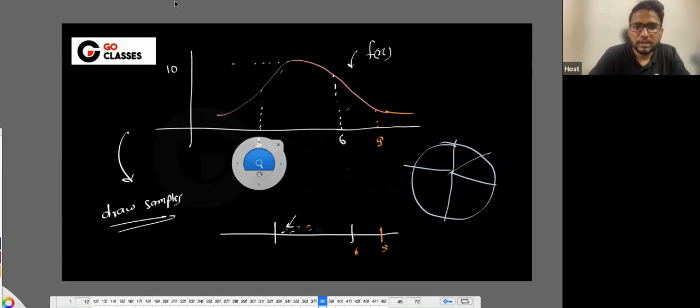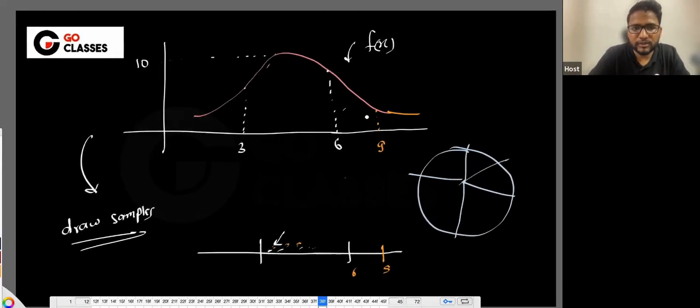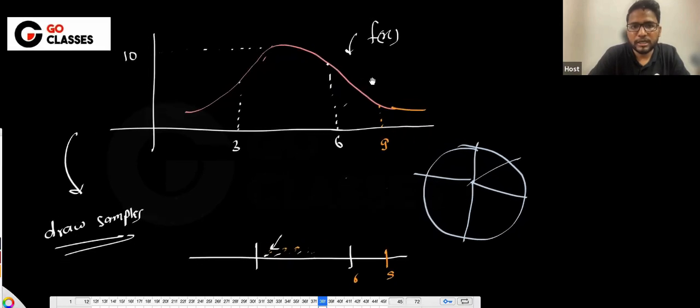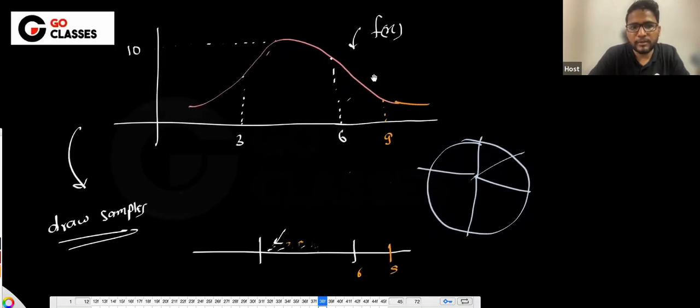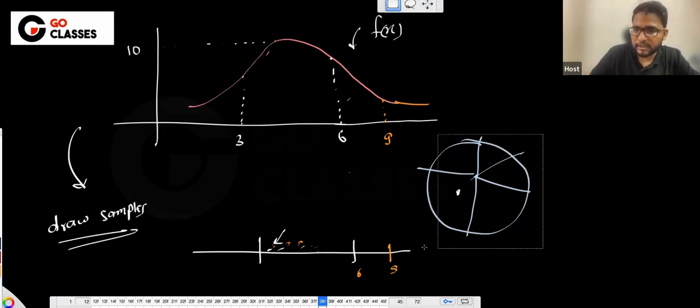If I throw a dart on this board, what is the probability that it will land in some particular area? It will depend on the area. If this has the higher area, then the probability that my dart lands there is higher.